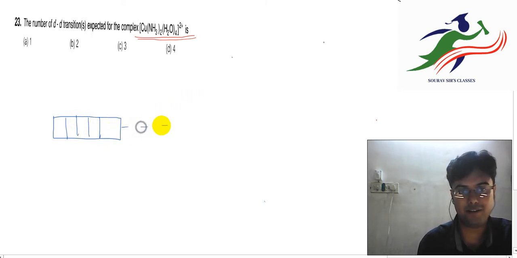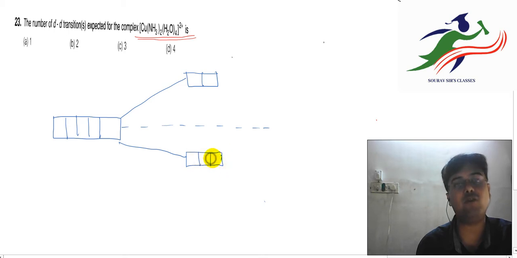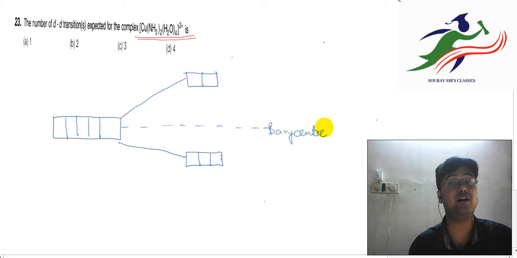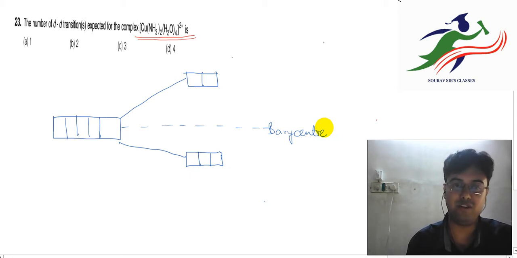But after splitting, when the ligands have approached, the splitting occurs in case of an octahedral geometry in this fashion, where the non-directional set of orbitals are below the barycenter, since they are somewhat stabilized, as their lobes are not directly in the direction along which the ligands are approaching.